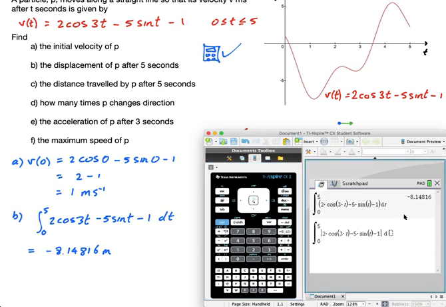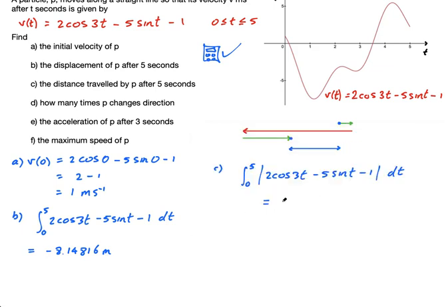And that's dt. Press enter. That's what I was expecting. 19.5613. So this is equal to 19.5613.